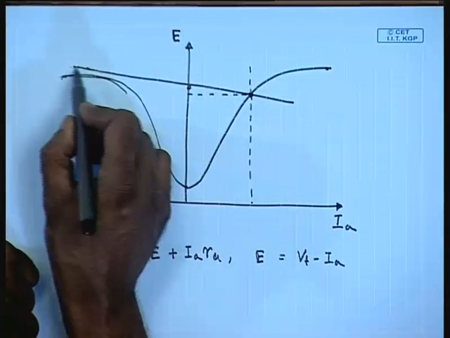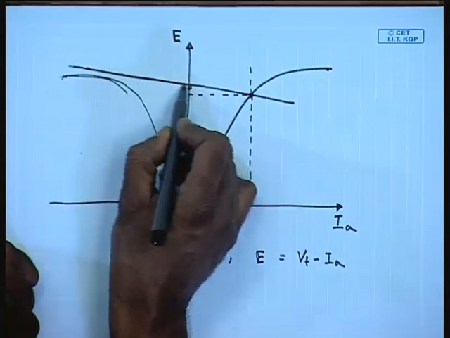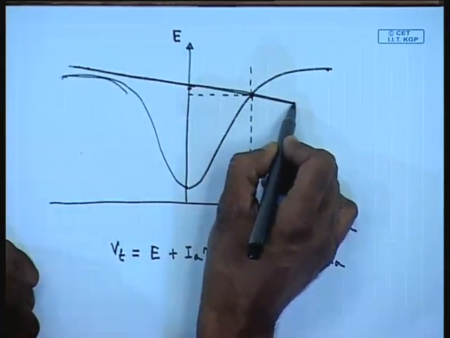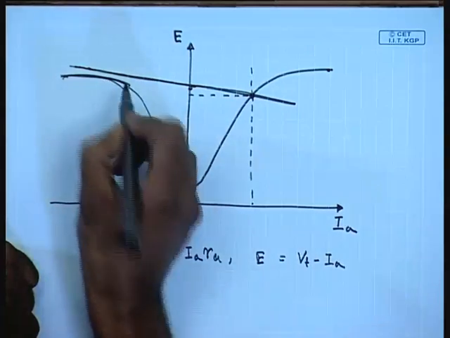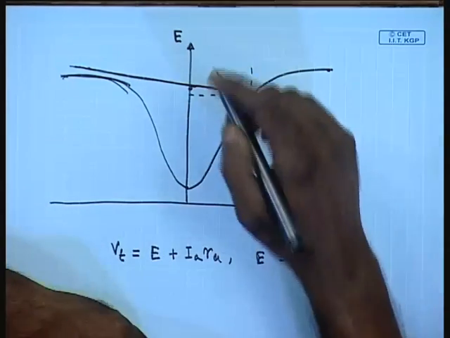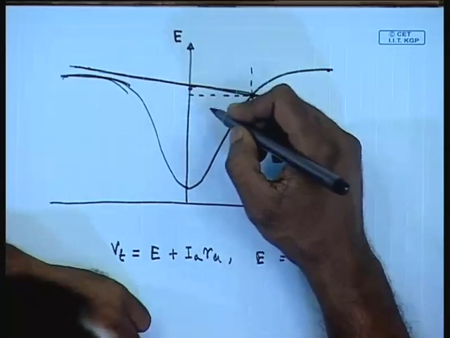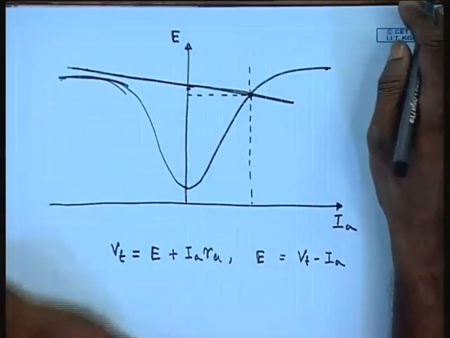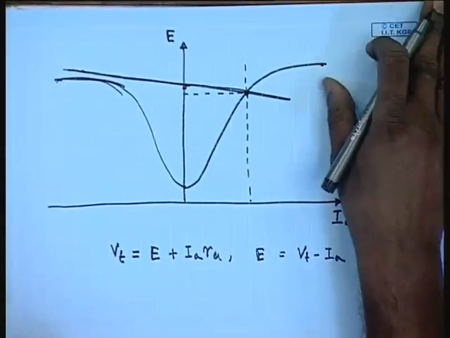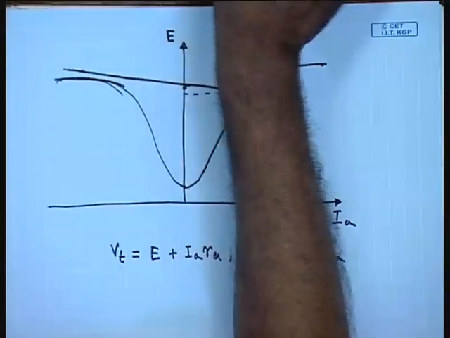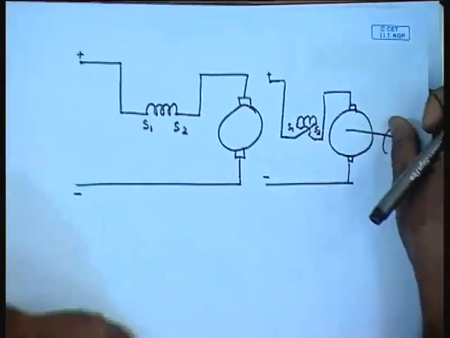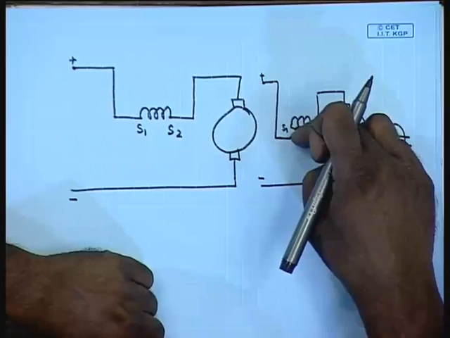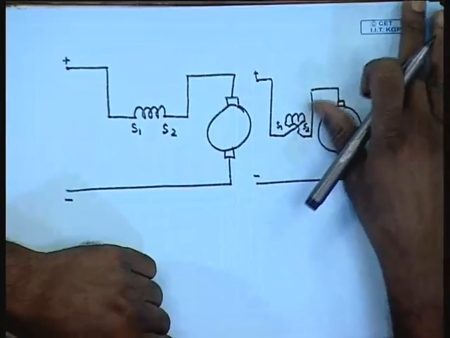However, there will be normally no intersection point between this load line and the reverse magnetization characteristics because of saturation. Therefore, even with reverse field winding, it will fail to operate in a regenerative braking mode.